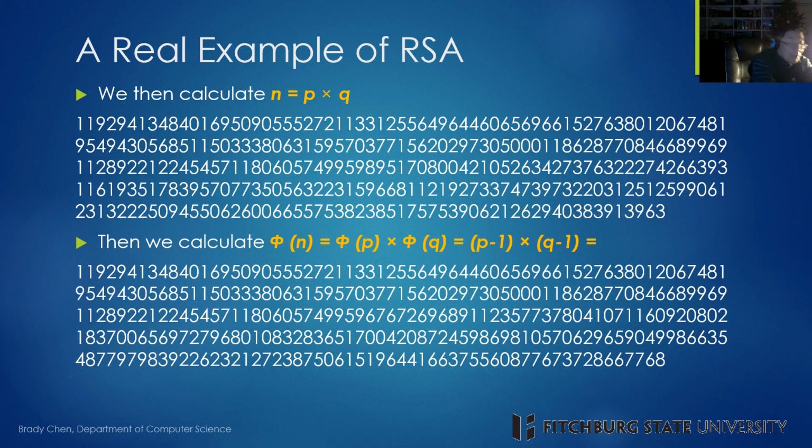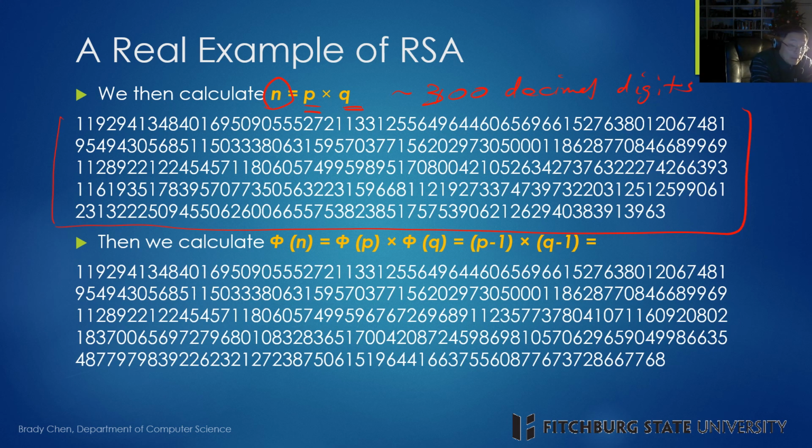And then we multiply P and Q to generate N, which is much bigger than P and much bigger than Q. So if P is about 150 decimal digits and Q is about 150 decimal digits, this N should be around 300 decimal digits.